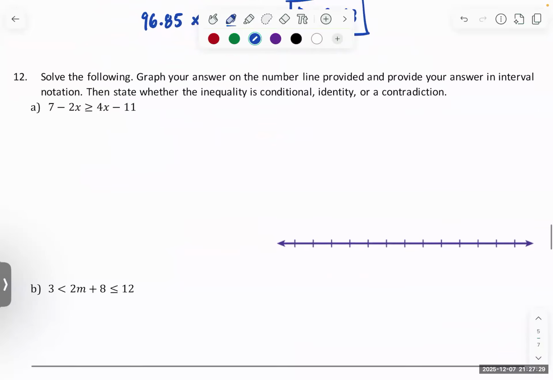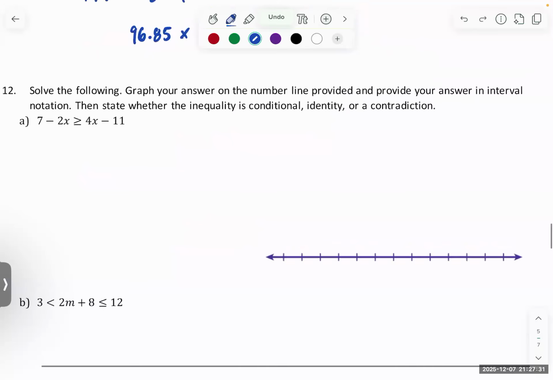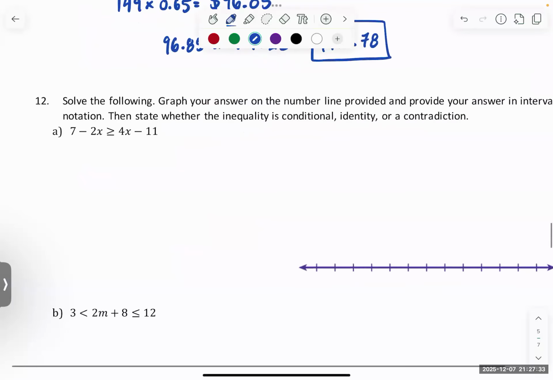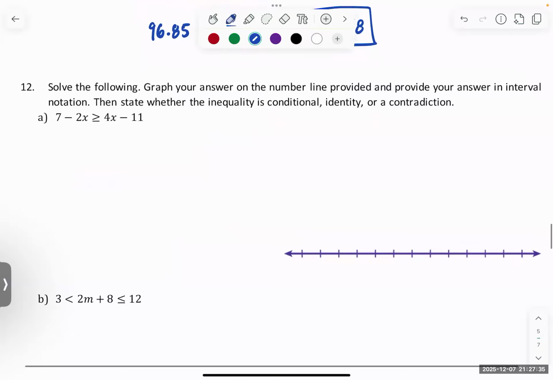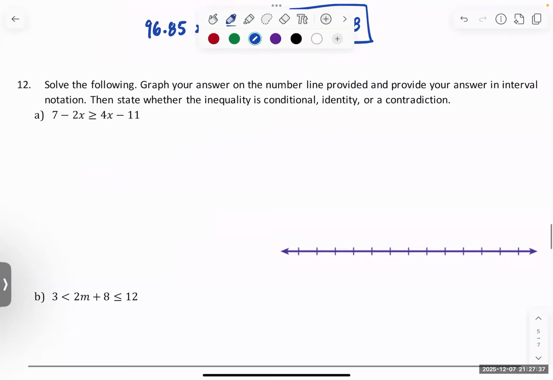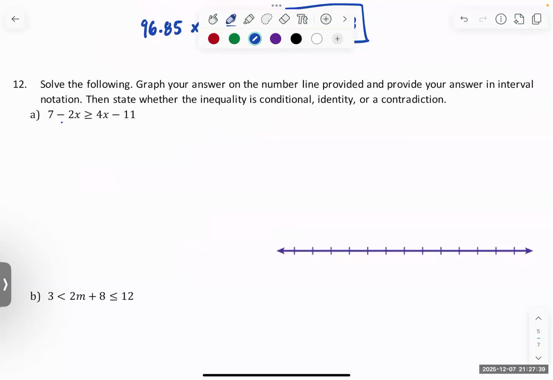Okay. Solve the following and graph the answer on the number line provided, and provide your answer in interval notation. First of all, we're going to get all the x's to one side. So I have 7 is greater than or equal to 6x minus 11. Add 11 to both sides. I have 18 is greater than or equal to 6x.